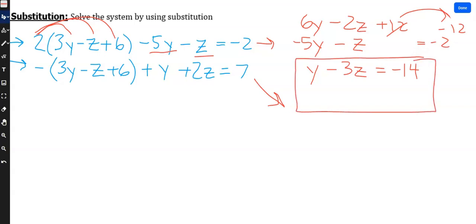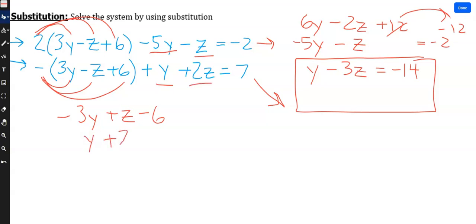So let's see here. Distribute, distribute, distribute. That would be -3y plus z minus 6. And then we have plus 1y plus 2z. And all of that equal to 7. And so that would be -2y.